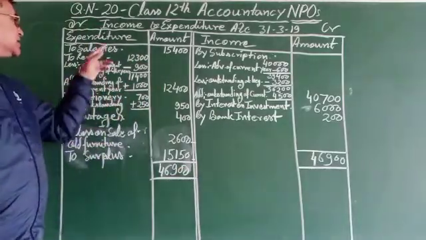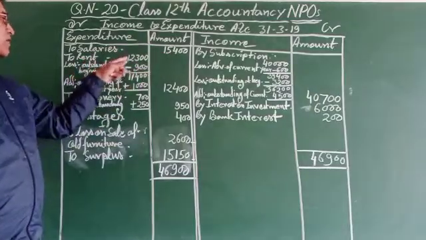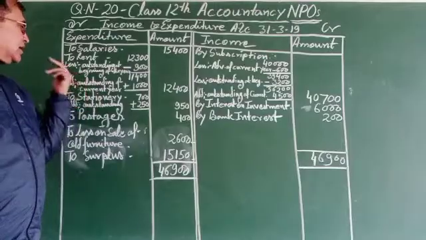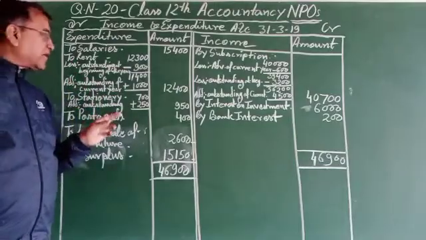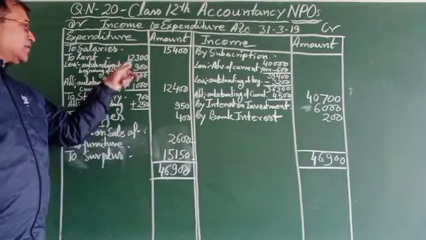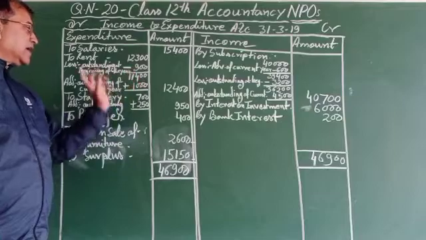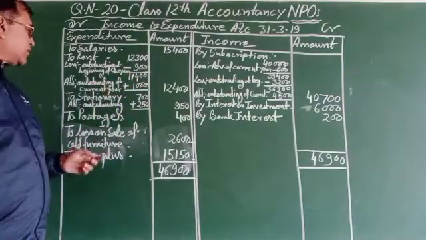Now in expenditure column, salary is given 15,400, rent given 12,300, including the payment of rent of the previous year, it will be deducted from the rent paid for the current year 900, 11,400.